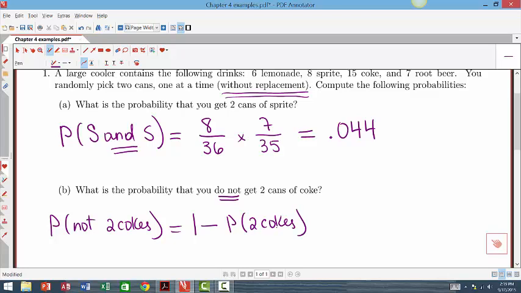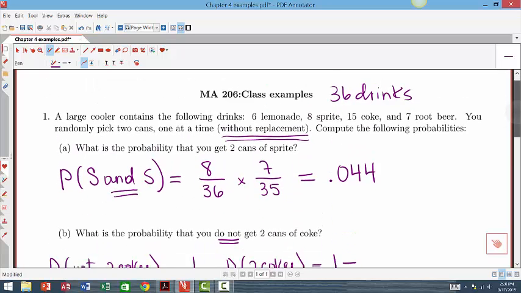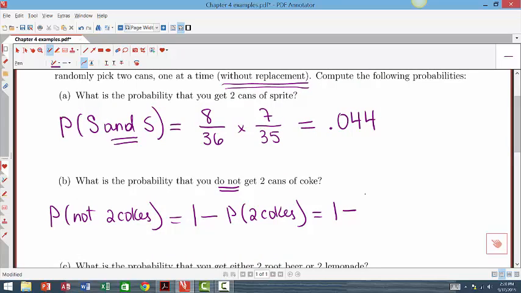Okay, and how do we compute the probability of getting 2 Cokes? Just like we did in part A for Sprite, so this one would be 1 minus, and let's see how many Cokes we had there, 15. If I pick Coke on the first try, there's 15 of them, 36 drinks total, times 14 Cokes left, 35 drinks total left in the cooler.